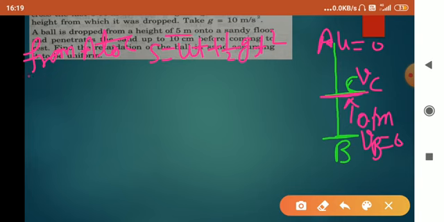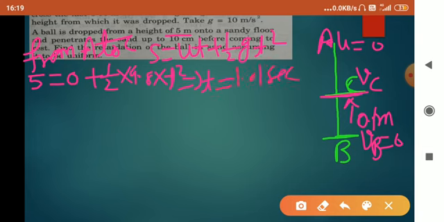AC is 5 meter. So 5 equal to u is 0 plus half, g is 9.8 and t square. From this, t equal to 1.01 second. In 1.01 second, this ball reaches point C.